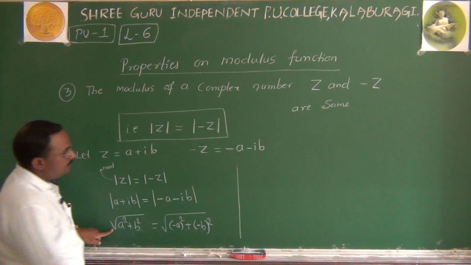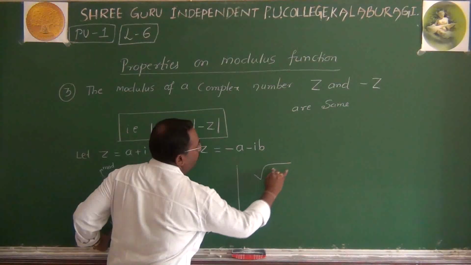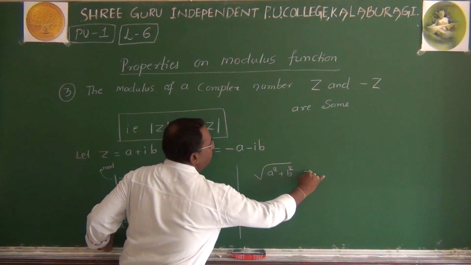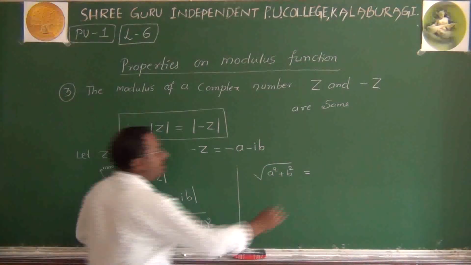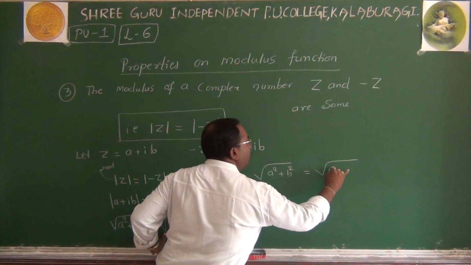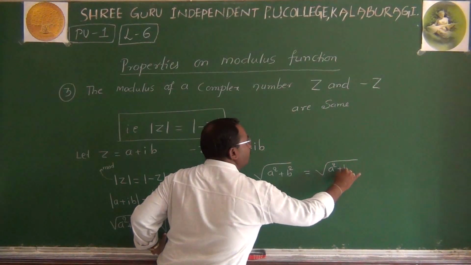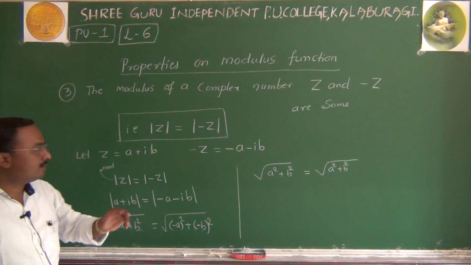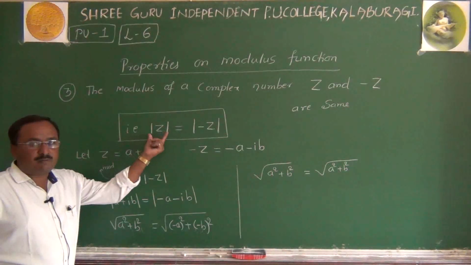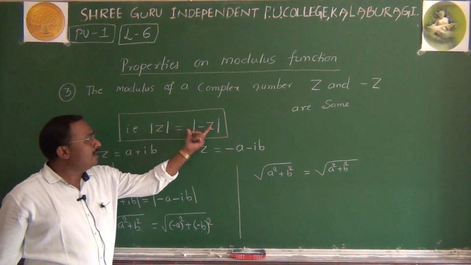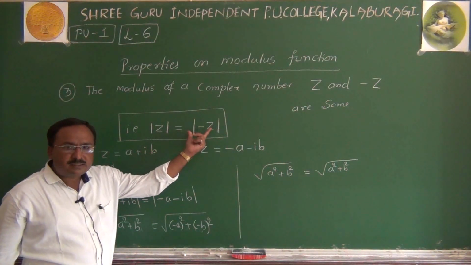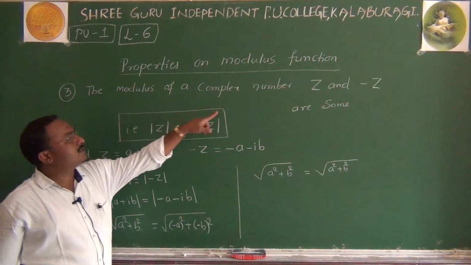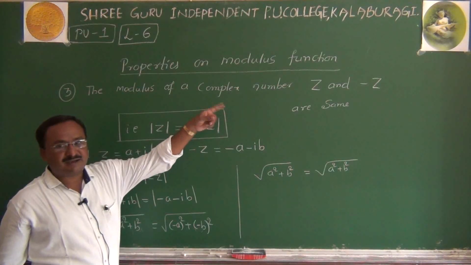That is, the square root of A square plus B square is equal to the square root of the same, since a negative square is always positive. LHS is equal to RHS. Therefore, the modulus of a complex number Z and the modulus of minus Z are same.